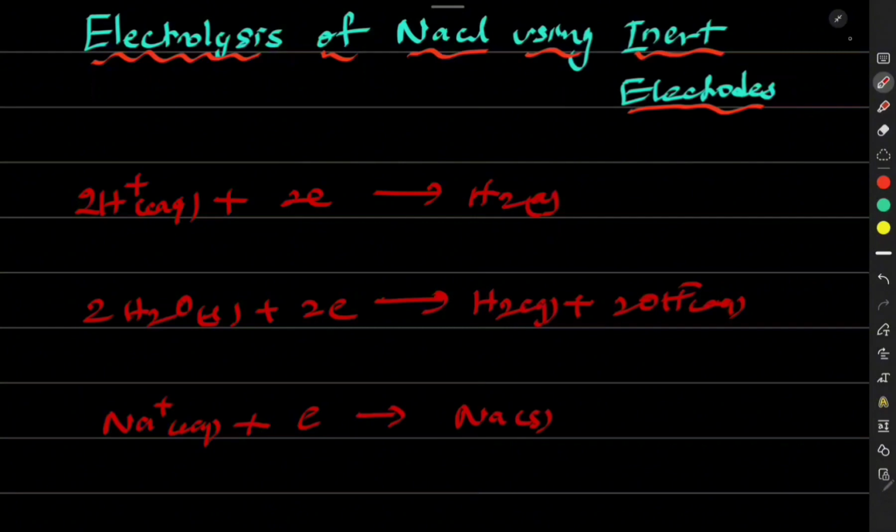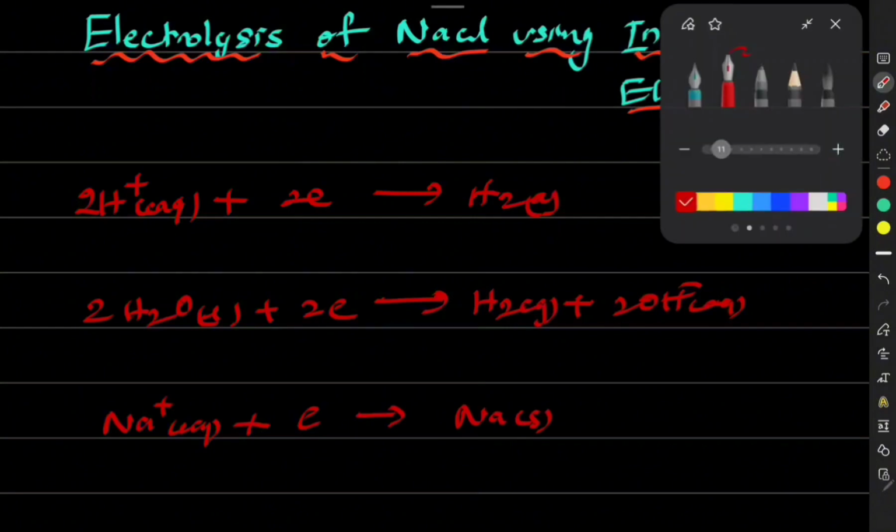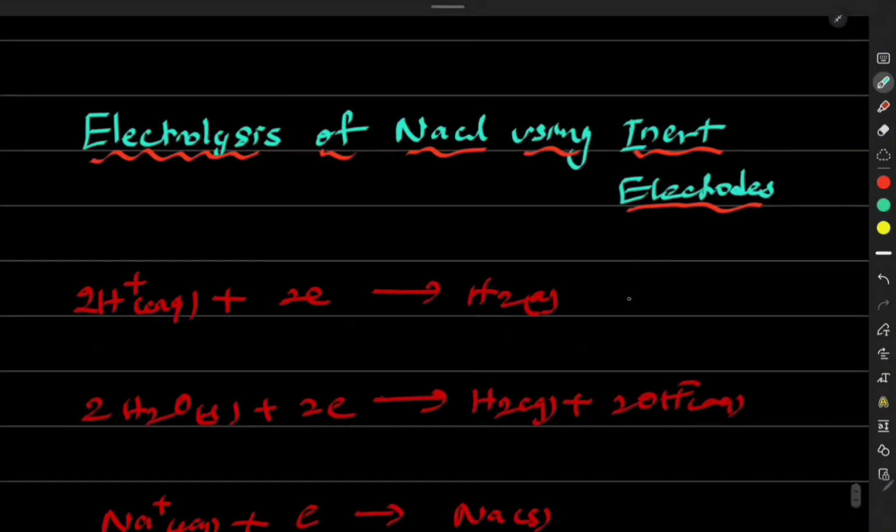And if we consider the reduction potentials of these, the reduction potential of hydrogen is 0 volts. The reduction potential of H2O is minus 0.83 volts.